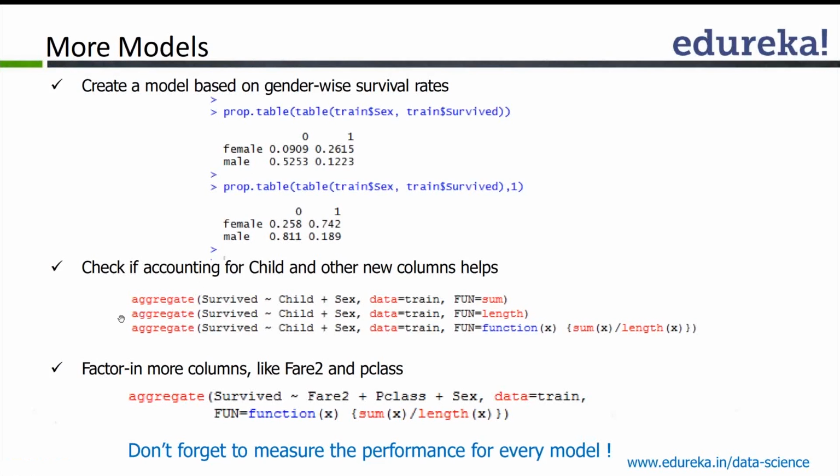Similarly, you can check if accounting for child and other new columns helps or not. I can create more columns about child and the other new columns I added, and then create classification models based on those as well.